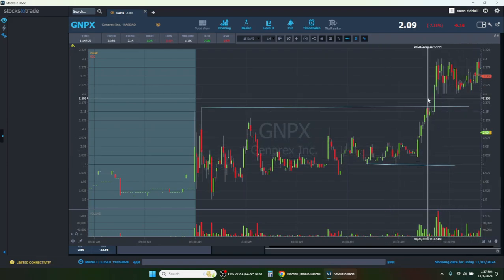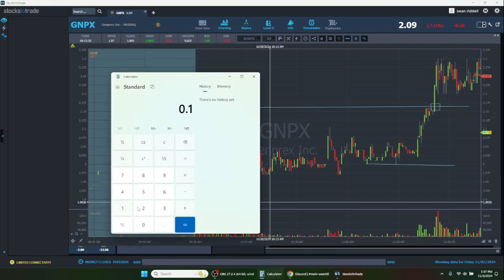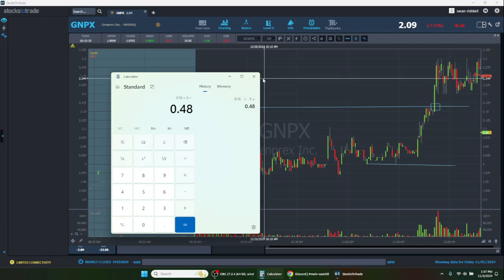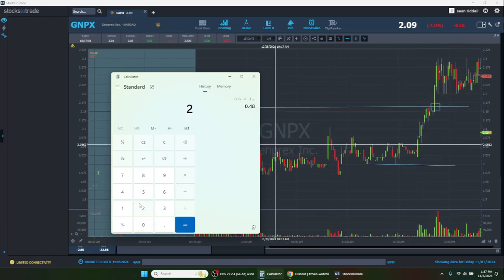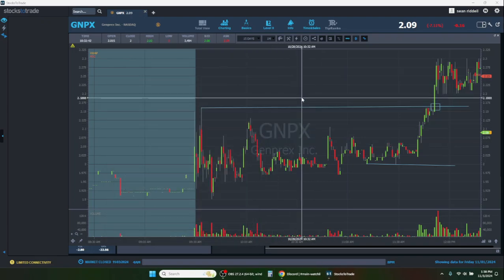So 216 versus 2 is 15 cents or 16 cents. So we'll go 16 times 3 for 3-to-1 is 48 cents. And our entry is what? 216. So we'll go 217 where we get filled plus 0.48 equals 265 is our target.